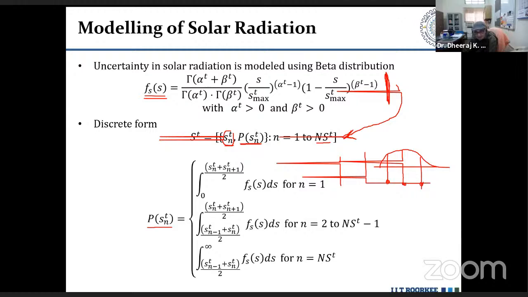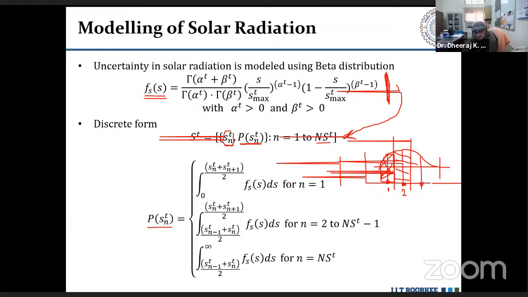So for this, what will be the probability value? For that purpose, we took the area under the curve in this region. Whatever area is coming, that is assigned as the probability of this state. For this one, we took the area under this portion, and that area is assigned as the probability of the second state, and so on.